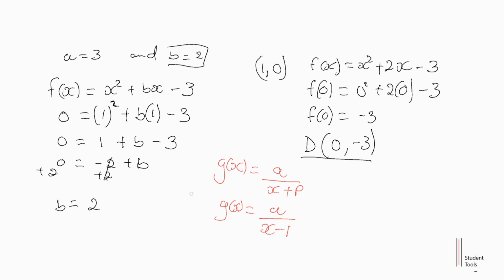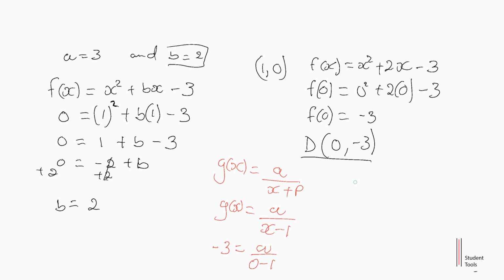Okay, now the next thing we will do, for x, we will substitute with a 0, and then for y, which is g of x, we'll substitute with negative 3 to get the value of a. So this side we will have negative 3 equal to a over x, which is 0 there, so 0 minus 1.